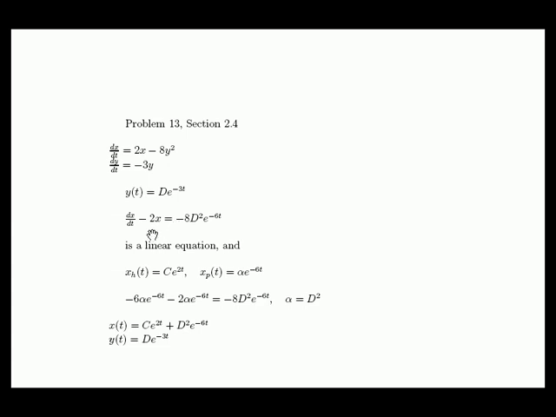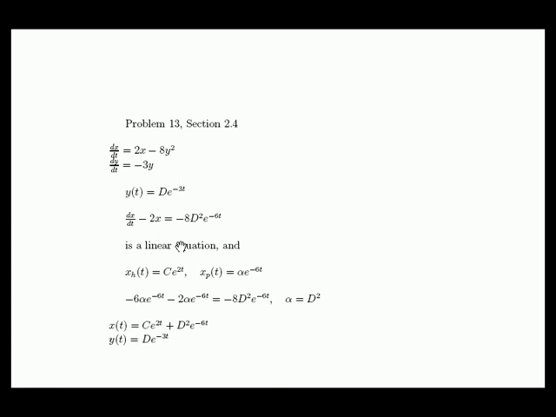It's a linear equation. The homogeneous solution is just c e to the 2t. And for the particular solution, what do we try? Well, the rules say if the right-hand side is e to the minus 6t, you try a multiple of e to the minus 6t. The fact that the constant out front involves d squared is irrelevant. It's just a constant. Minus 8d squared is just another constant.